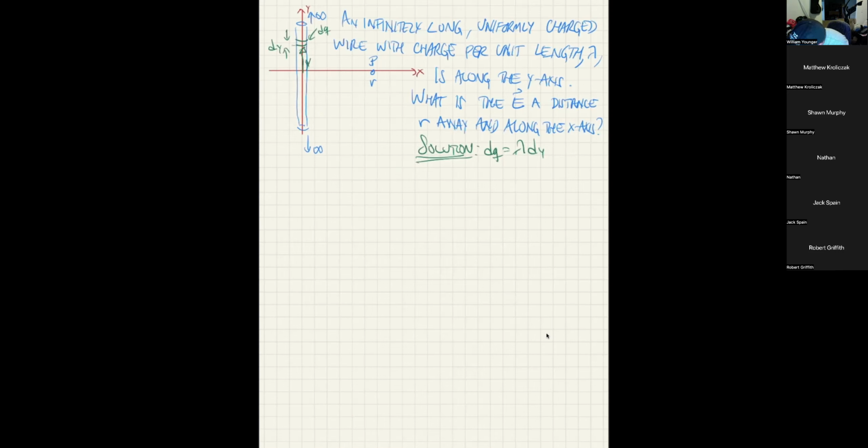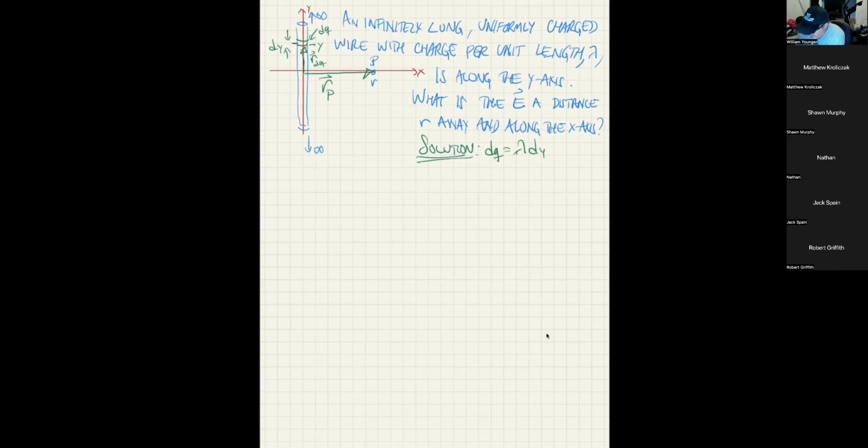And actually, let's erase that. This point right here is y. And then this is, of course, r dq. And then this vector right here is rp. Okay. So y'all can try to guess what r dq is and what rp is.